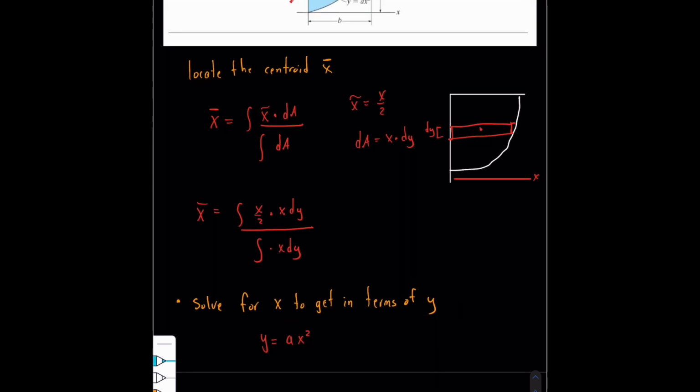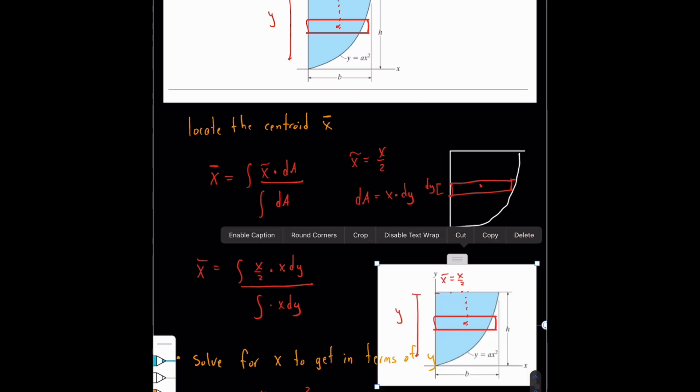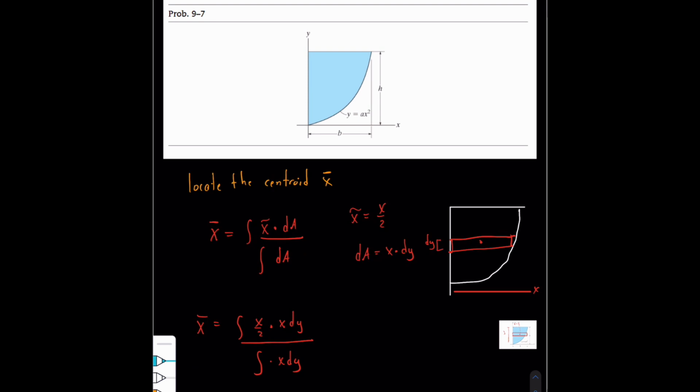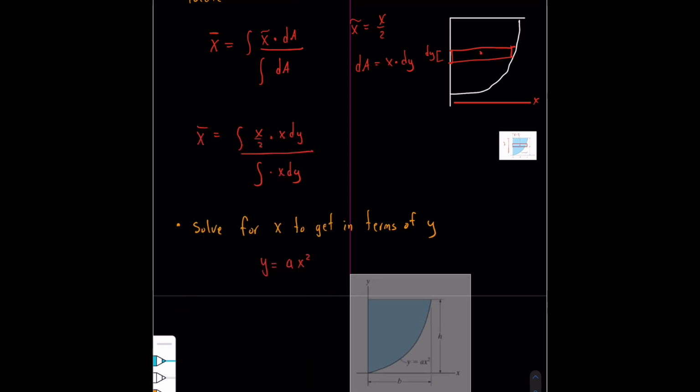However, to solve for these, I'm going to copy the figure. Quick, bear with me. Make sure I don't lose the figure or the image. Now I'm going to put this here.